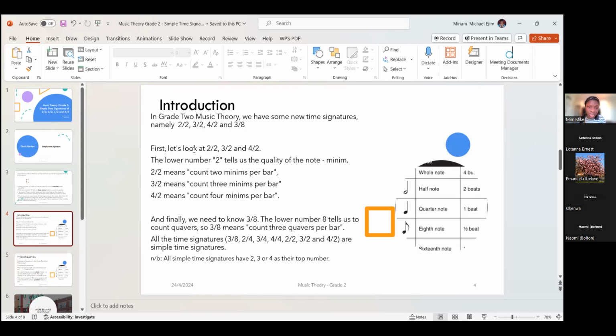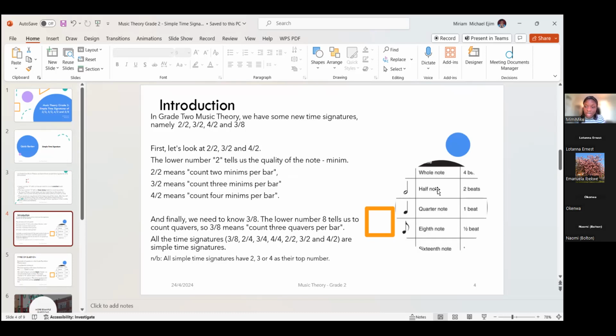And then we have 3/8. 3/8 is one that is different, where the lower number, that's the denominator, is 8, while the numerator is 3. So that means 1/8. I'm sure we remember our 8th notes, like we see in this illustration by the side of this write-up.